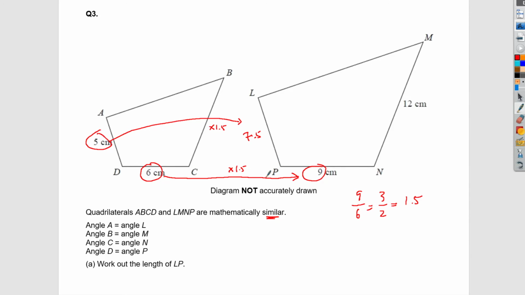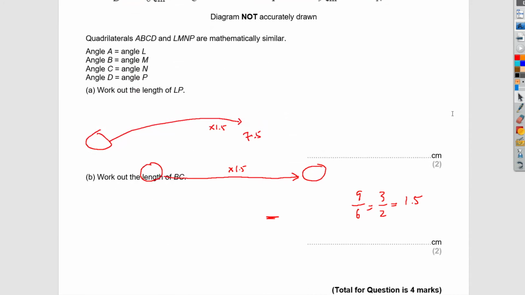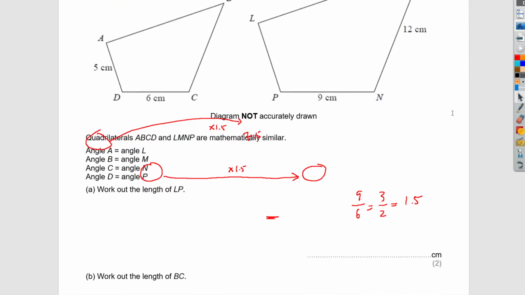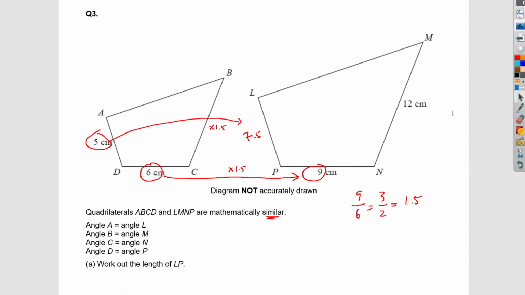And if we wanted the next part of the question, if we just quickly scroll down and work out the length BC. So all I have to do is B to C. I want this length, B to C. Now this side is 12.